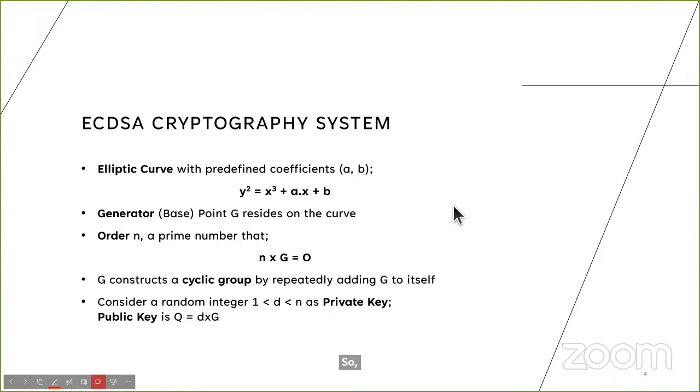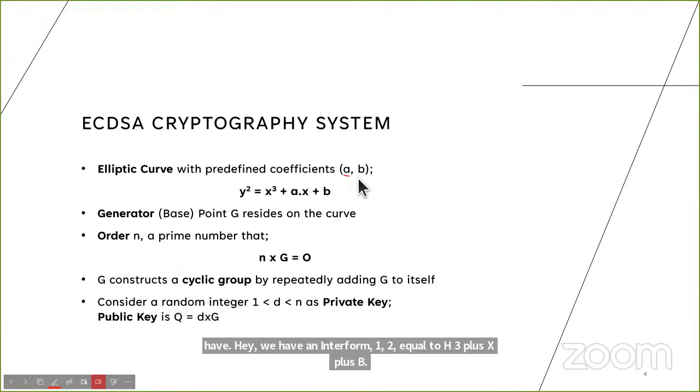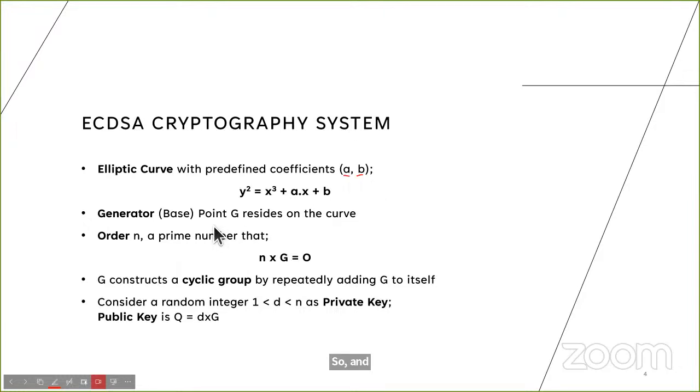As I mentioned, in the ECDSA cryptography system we have an elliptic curve in the form of y² = x³ + ax + b. So a and b are the coefficients of the curve, and then we define a base point or generator point G and order n.